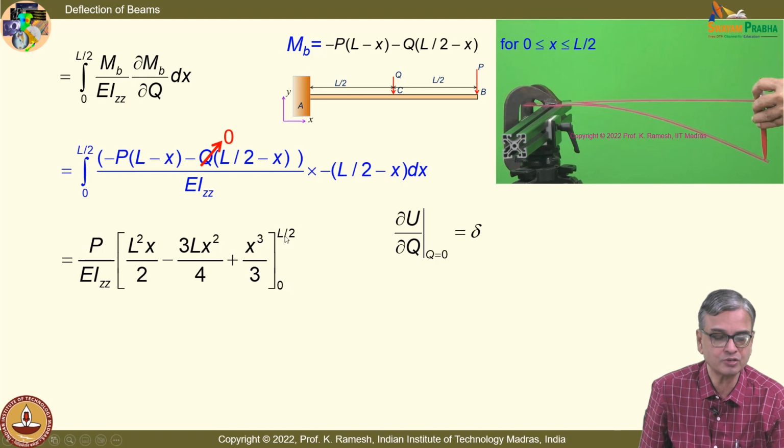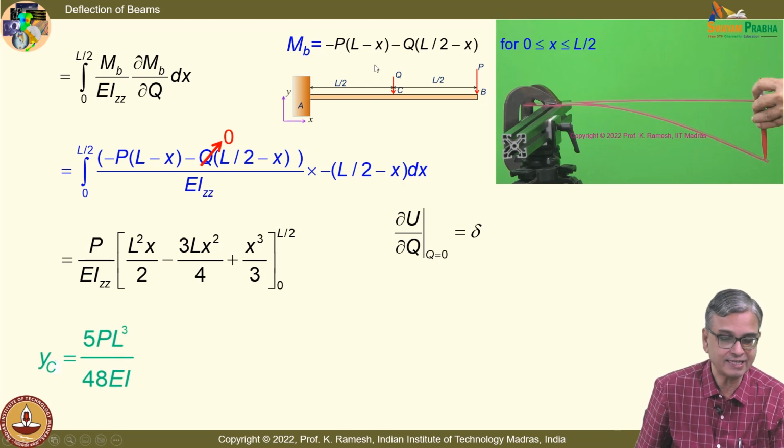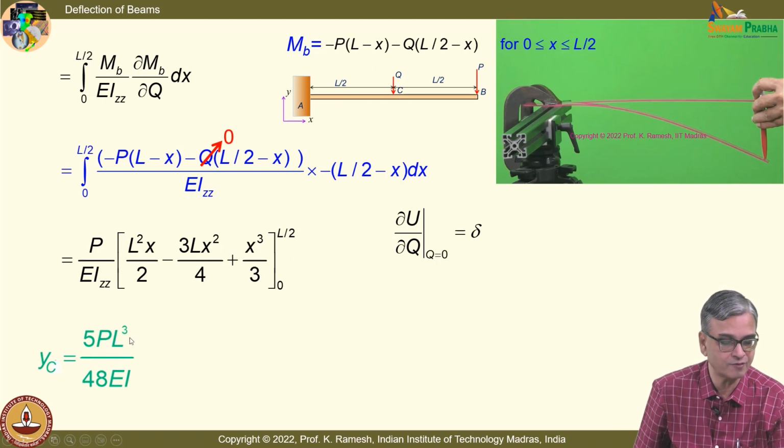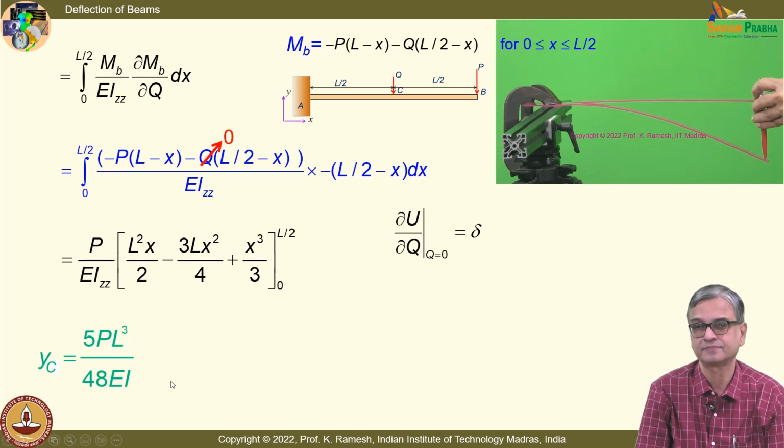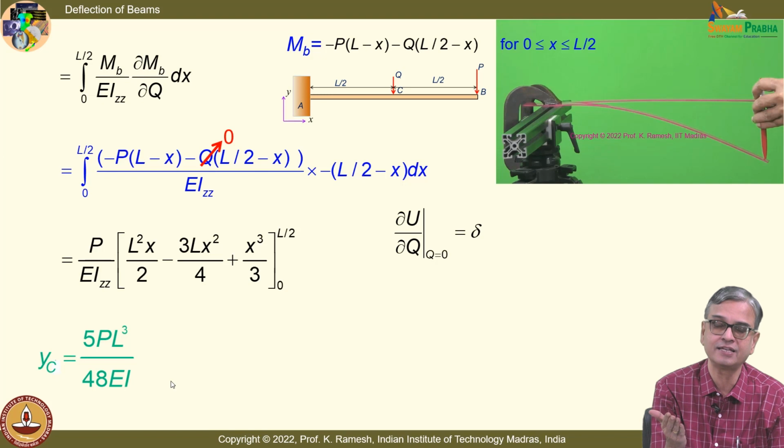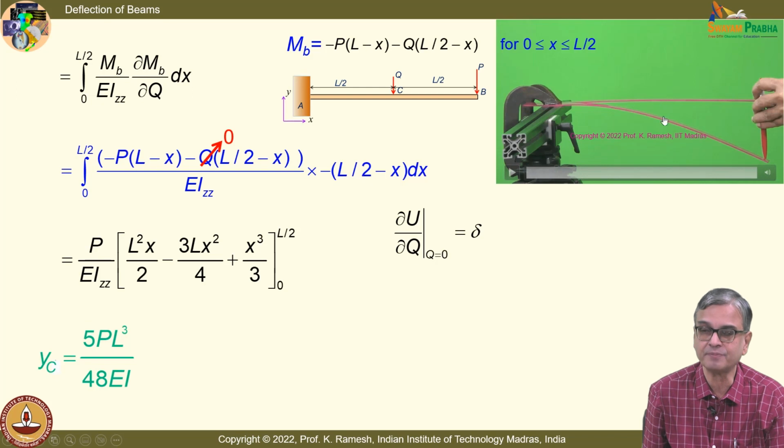When I substitute the limits and simplify, you get the expression for yC, that is the deflection at the point C, as 5PL cube by 48EI. You can go back and see either by your moment area method or by integrating the moment curvature relation, you will get the same result at the center of the beam.